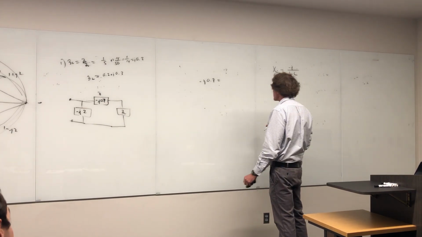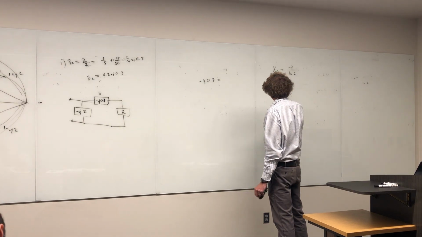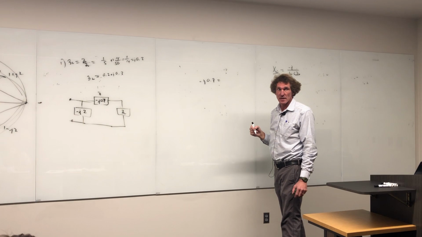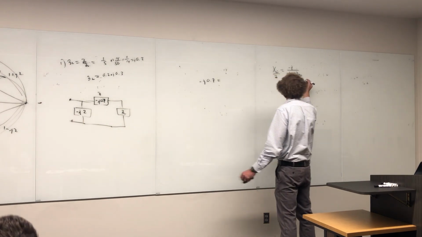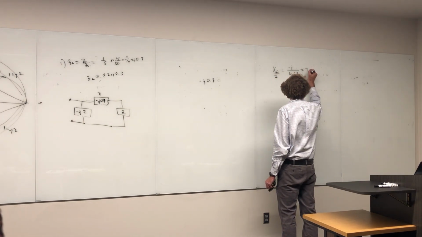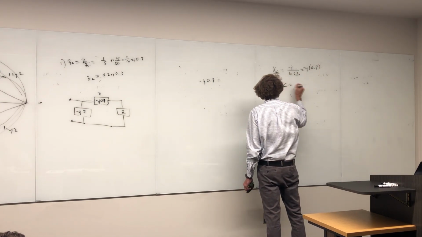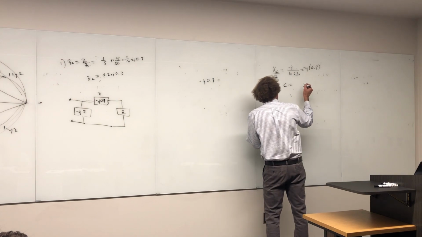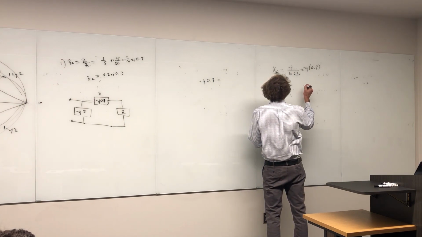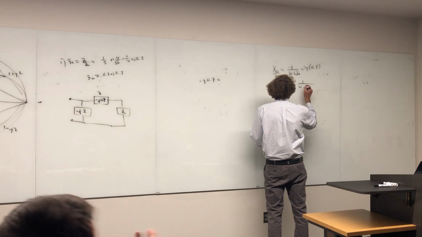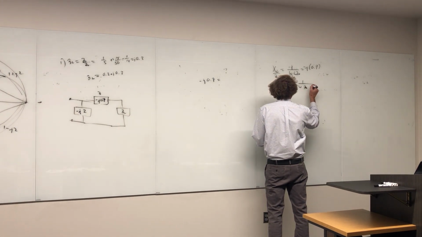Now what do we do? All right, now we divide it by Z naught, and that is equal to minus j0.7. Therefore what is C? C is going to be 1 over omega times Z naught times 0.7.